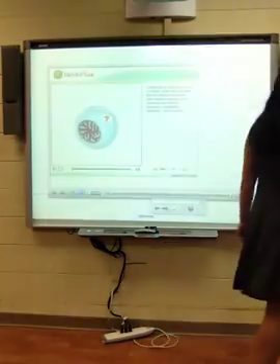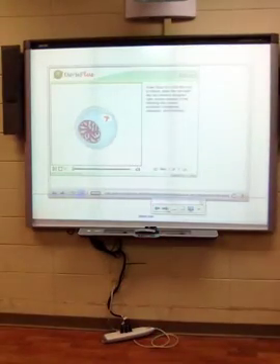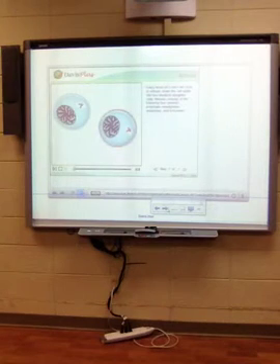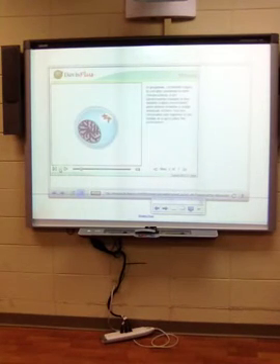A key focus of a cell's life cycle is mitosis, when the cell splits into 2 identical daughter cells. Mitosis consists of the following 4 phases: prophase, metaphase, anaphase, and telophase. In prophase, chromatin begins to coil and condense to form chromosomes.